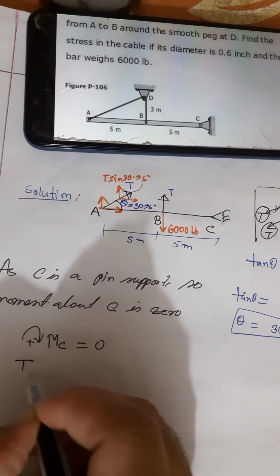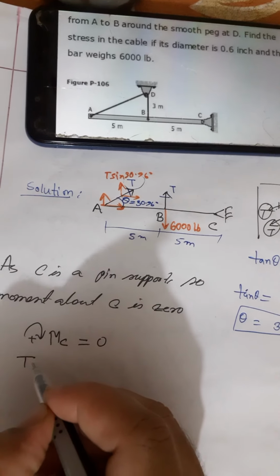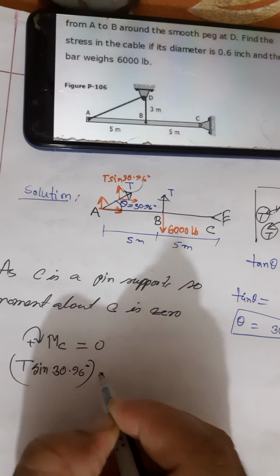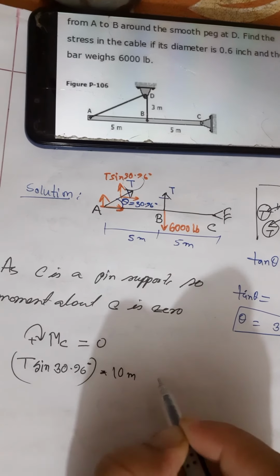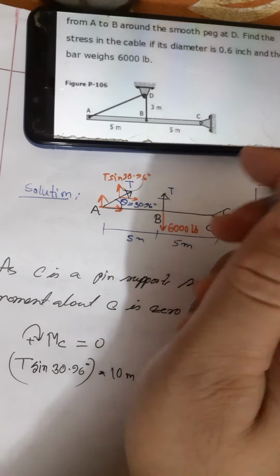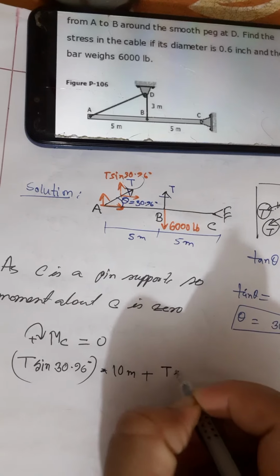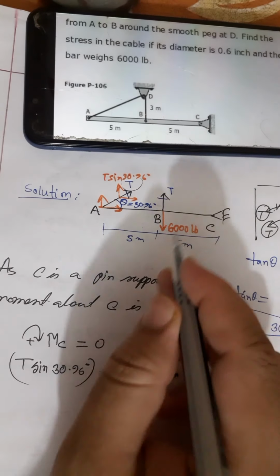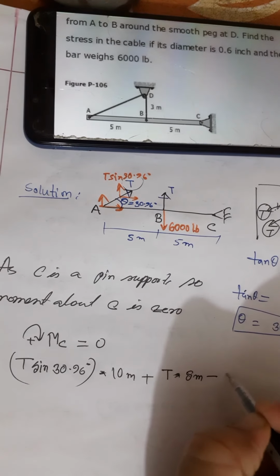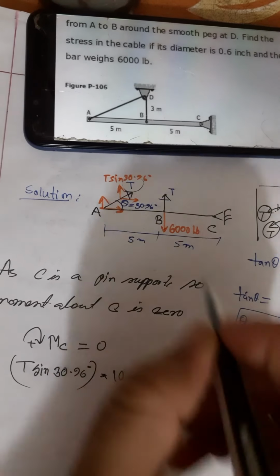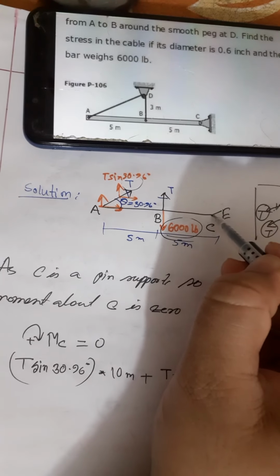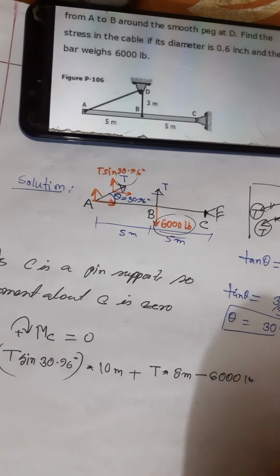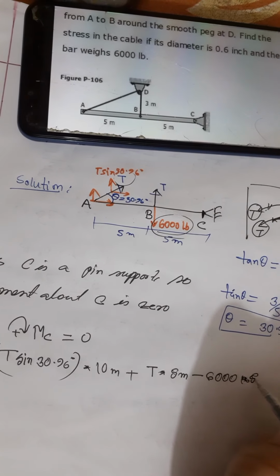As this is clockwise, it is clockwise T sin 30.96 force into perpendicular distance, that is 10 meter, again plus T is also in clockwise direction, so T into perpendicular distance 5 meter, and this 6,000 pound acts in the opposite direction, minus 6,000 pound, as this force will create anti-clockwise moment about C. All moments are calculated with respect to C, and it is also at a distance of 5 meter.